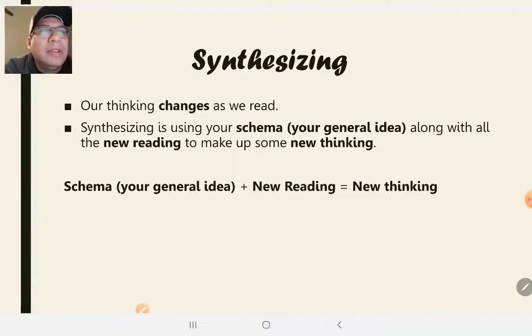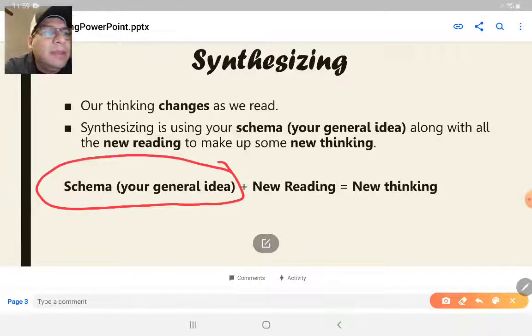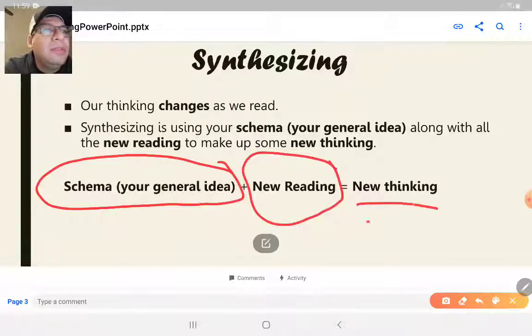Synthesizing is using our schema, your general idea, along with all the new reading to make up some new things. Well, what we're trying to say is that when we use synthesizing, we utilize what your general idea is about a topic plus what you read about a topic, and then you create your new thinking.